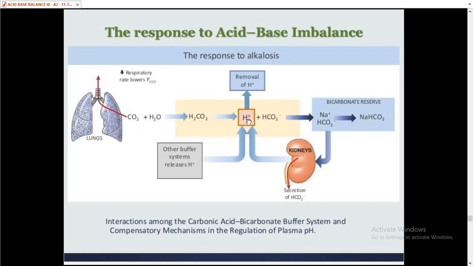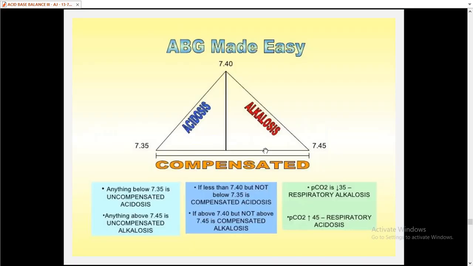The hydrogen ion needs to be conserved, and bicarbonate needs to be excreted from the body, while hypoventilation, decreasing respiratory rate, and decreasing PCO2 will retain carbon dioxide and thus help in formation of more acids, and thus return the acid-base disturbance back to normal.